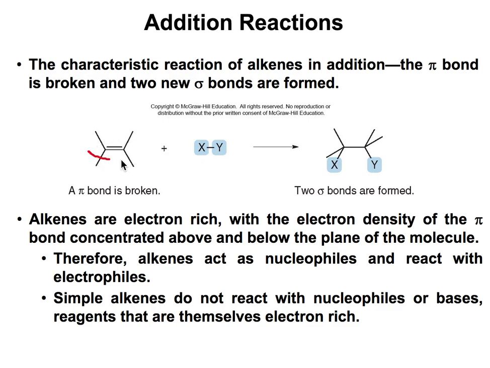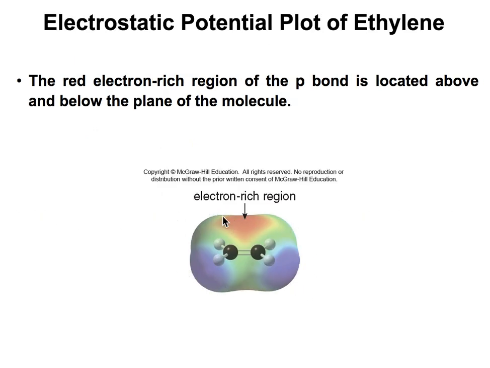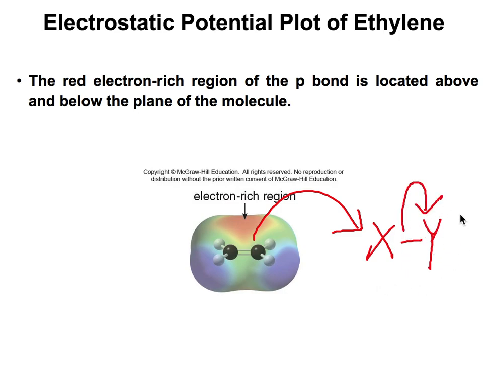Alkenes right here are electron rich, and that's how the alkenes are our nucleophile that is ready to go and attack that XY molecule. And so the X will add first, and then the Y will add in the second step.